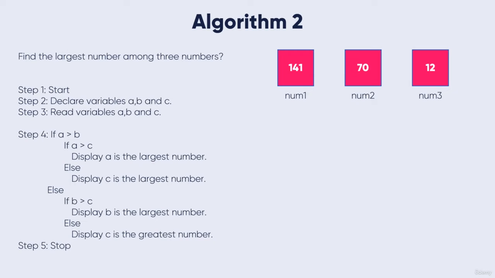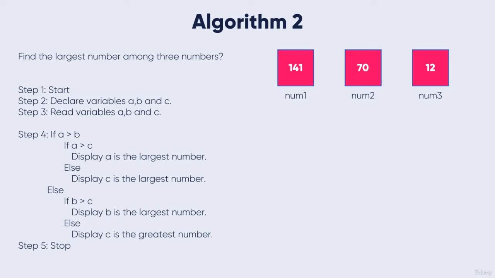Read the variables A, B, C or num1, num2, num3. So A would be 141, which is the user input. B, or num2, would be the user input, which is 70 and 3. Num3, or C, is 12. These are the reading of the variables.